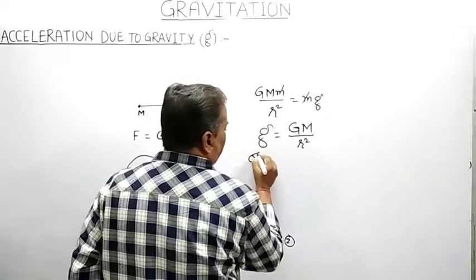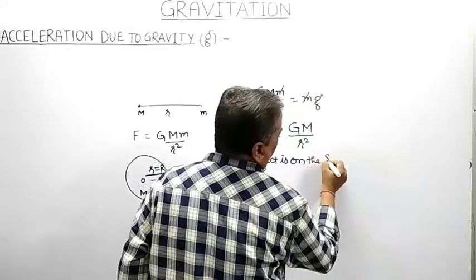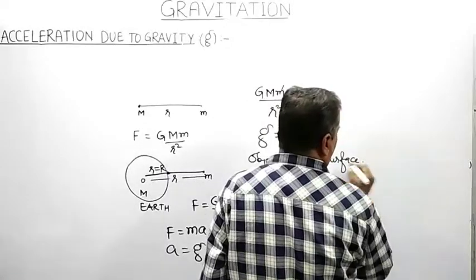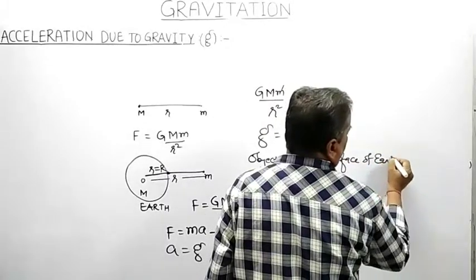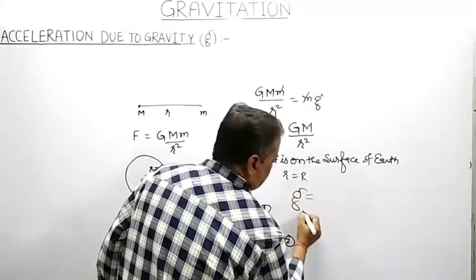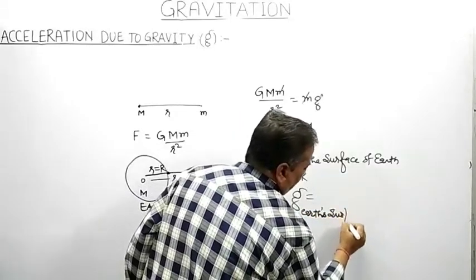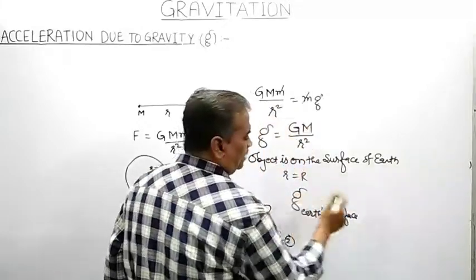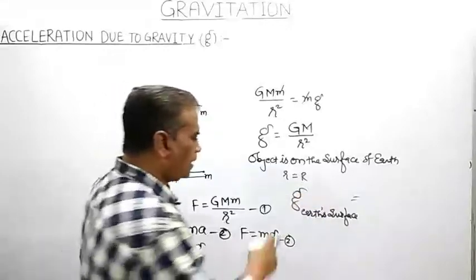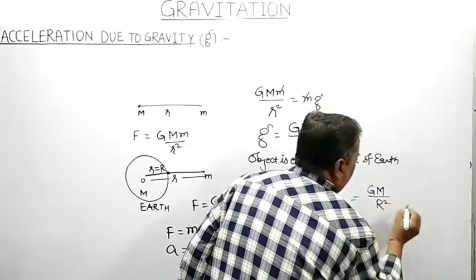So when the object of mass small m is on the surface of earth, small r becomes equal to capital R, and you can find the value of g on earth's surface just by putting small r equal to capital R. So g on earth's surface becomes equal to GM divided by R square.